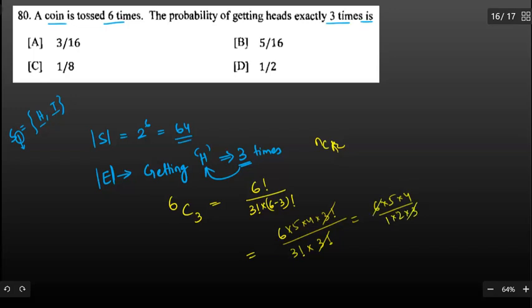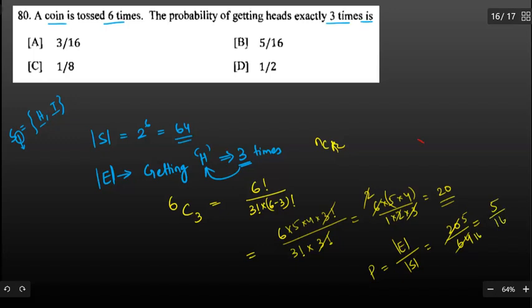So 3 and 6 get cancelled, that remains 2. 2 also gets cancelled, so all we have is 5 into 4 equals 20. So the probability is equal to the number of elements in the event divided by the number of elements in the sample space, which is 20 divided by 64. If we cancel this, 4 fives are 20, 4 sixteens are 64, so 5 by 16.